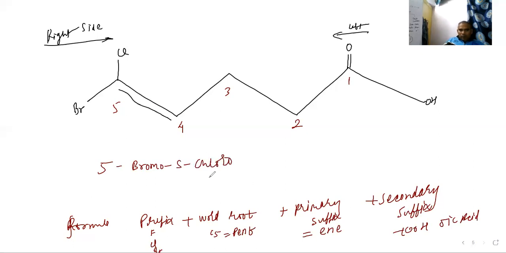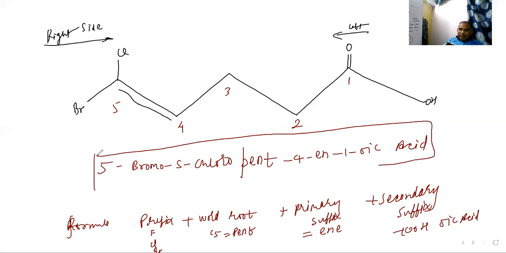Both are 5. Word root is C5, means pent. Pent 4 en 1 oic acid. See, it was quite tough, but you answered very well. Very good, very good.